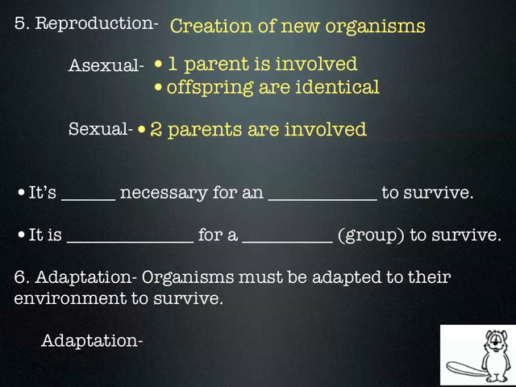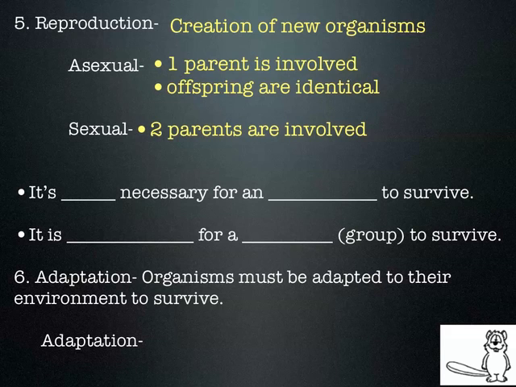What do you mean by complex? For example, sexual reproduction happens in animals, in plants, and some other organisms, some protists. So more advanced organisms, most of them reproduce sexually.